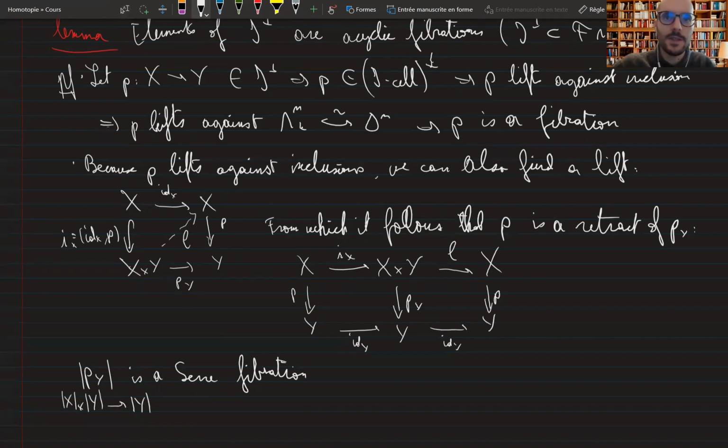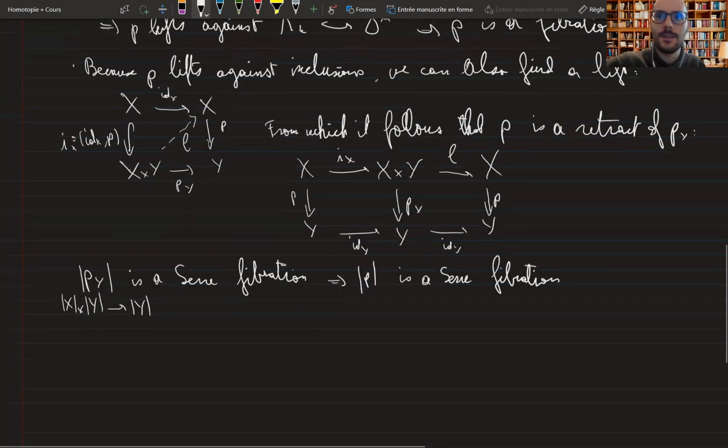The projection like this is always a Serre fibration. Therefore, the geometric realization of P is a Serre fibration. So if we want to prove that the geometric realization of P is a weak homotopy equivalence, we just need to prove that its fiber is contractible.